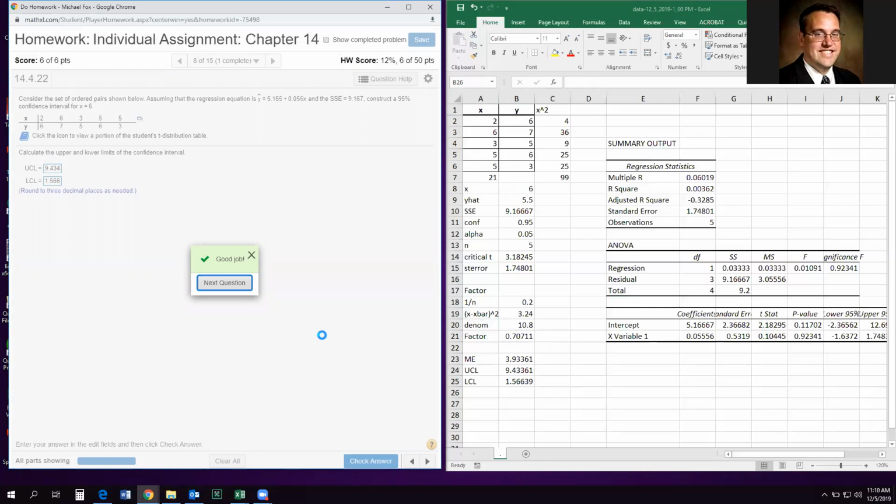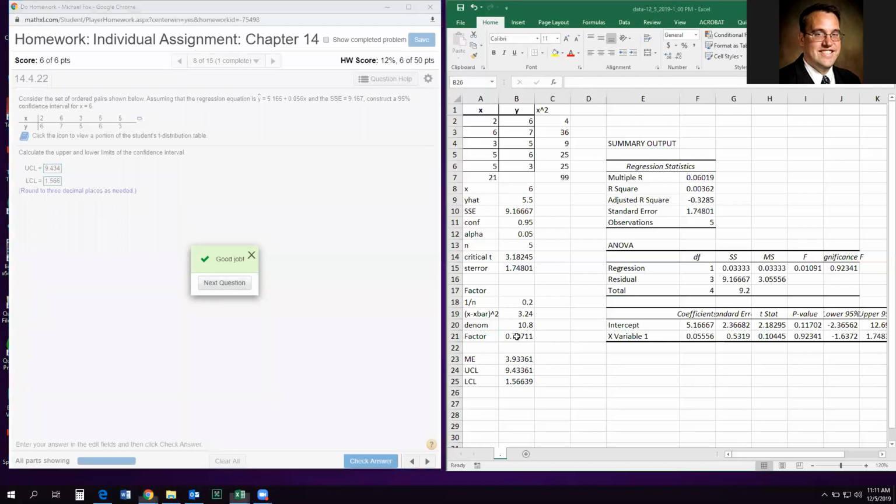You just have to break it down one piece at a time. Some people will be comfortable doing this whole factor as a single thing in Excel. I just find it easier to break down the parts of it, the 1 over n, then the numerator, which is the x minus x bar squared, and then the denominator, and then figuring out the factor, which is the square root of 1 over n plus the numerator divided by the denominator.